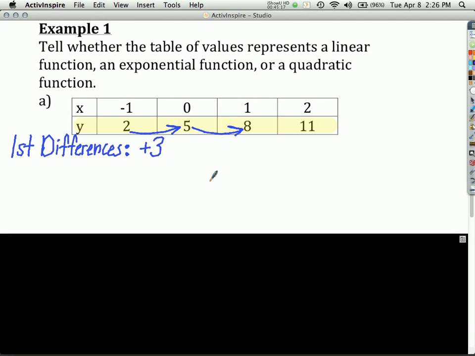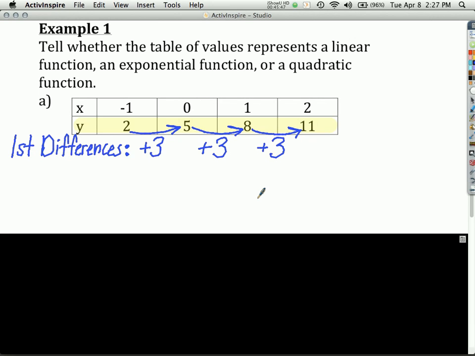What do we do to the 5 to get 8? Alexandra? We add 3. Now we're at the 8, and we're going to go to the 11. What do we do to the 8 to get the 11? Matthew? Add 3.